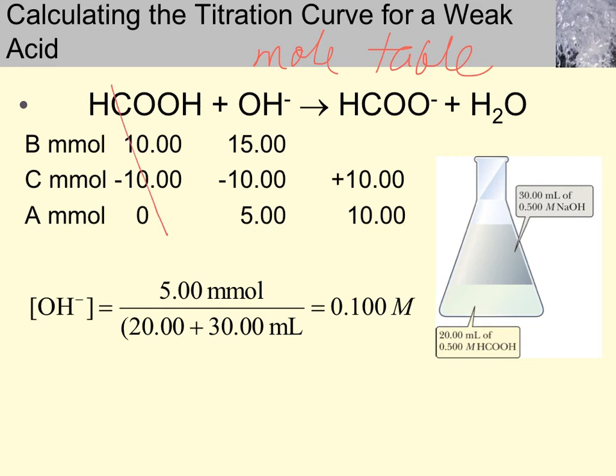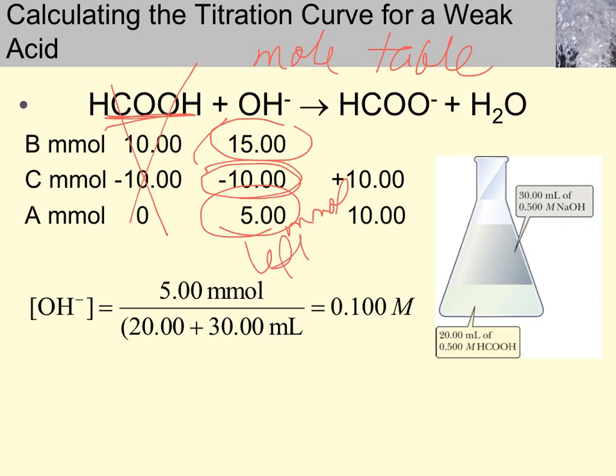So of course all the original weak acetic acid is gone. We only needed 10 millimoles of the hydroxide to neutralize the acetic acid. And since we've added 15 milliliters, I think I may have said 20 on the other page. Sorry if I did. Anyway, you have 5 millimoles of the hydroxide left over or in excess, and that's going to be the sole determiner of the pH.